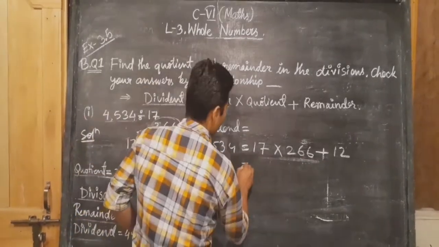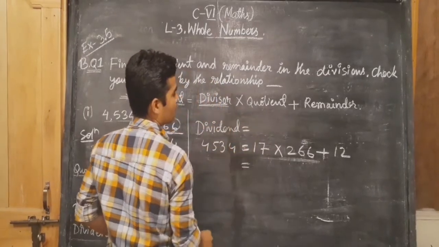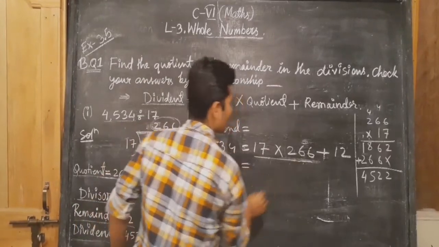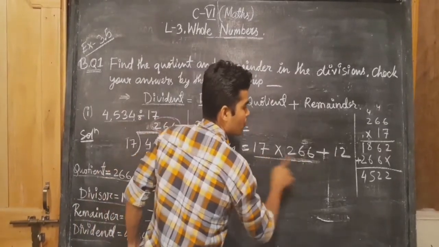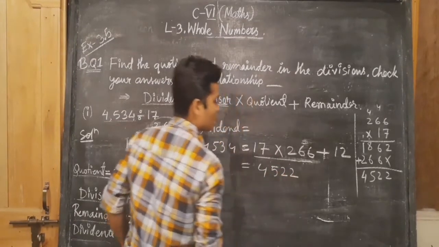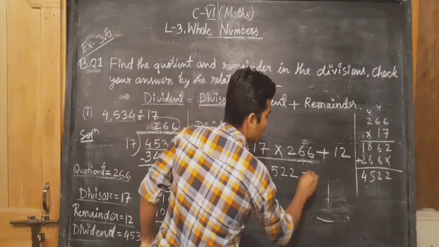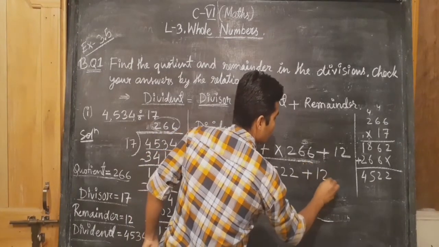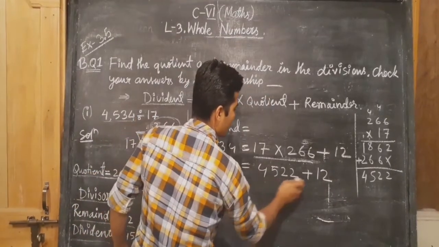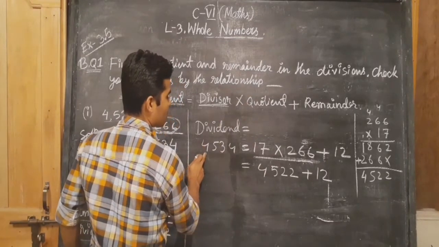Now find the product of divisor and quotient. So what will be the divisor into quotient? The product of these two numbers will be 4522. I have multiplied these two numbers, and what is left in the next step? This is plus 12. And now I will add to get the dividend, 4534.